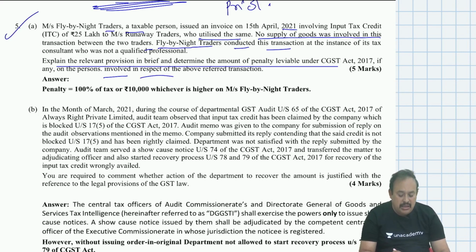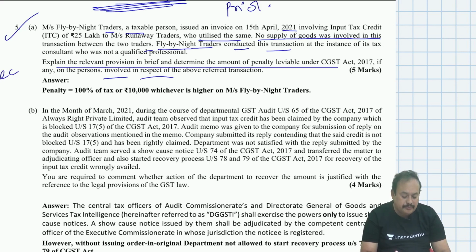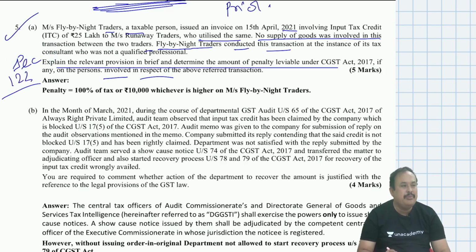Sir, penalty under section 122 will be levied on the person who evaded this type of tax. How much tax? ITC 25 lakh. Therefore, on Mr. Fly by night, who issued the invoice without supply of goods.